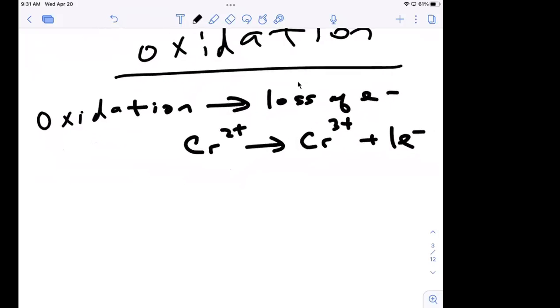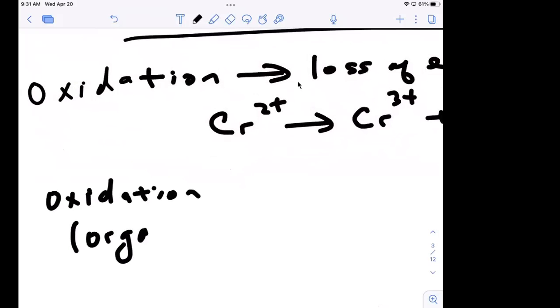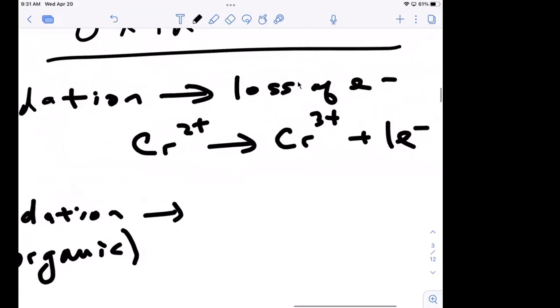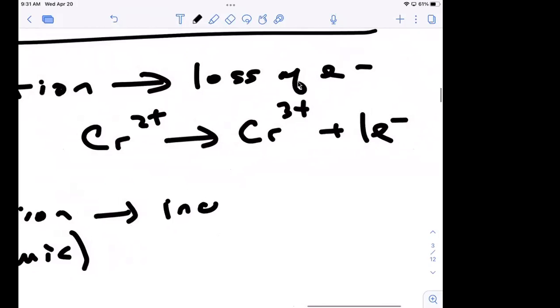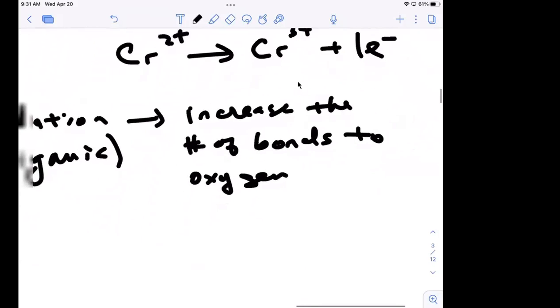And in organic, when we think about oxidation, it has really two meanings. One of them is to increase the number of bonds to oxygen. That's one of the meanings.